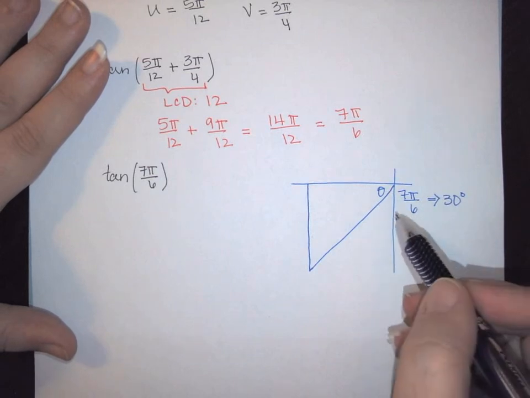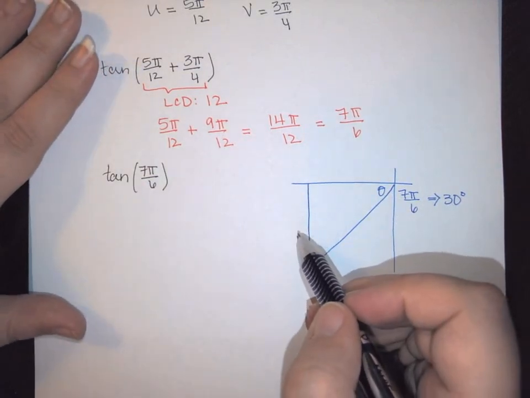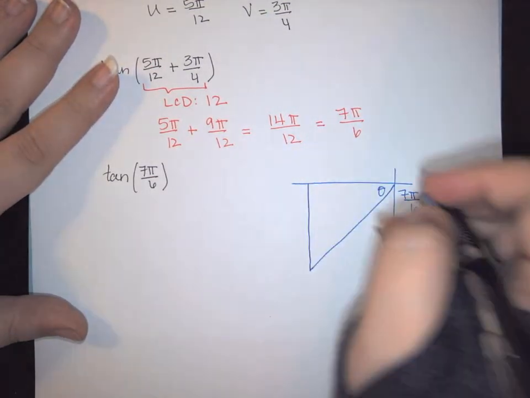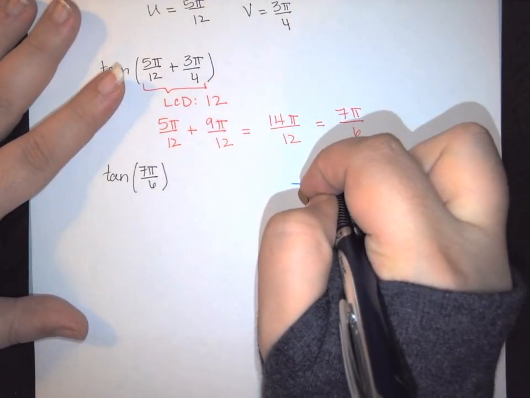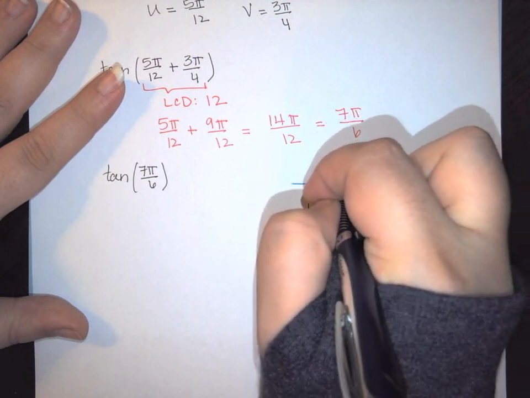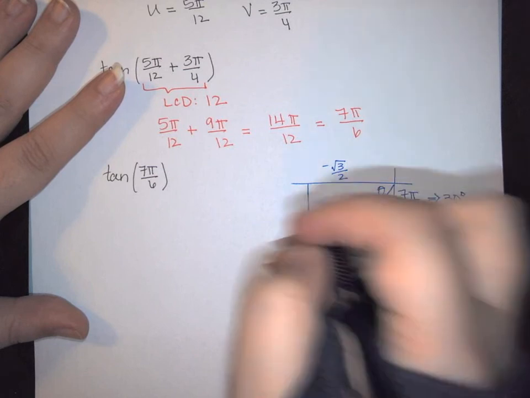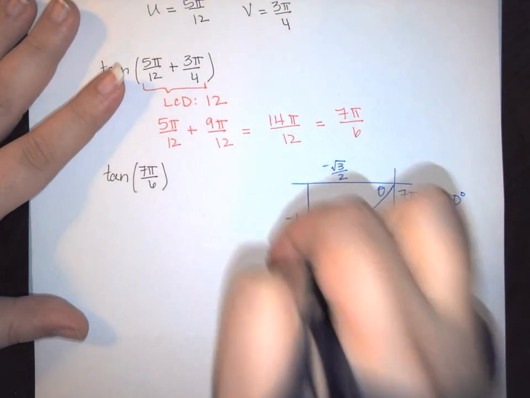And so here we know that my x term here is going to be negative square root of 3 over 2. My radius is 1, and my y value is negative 1/2.